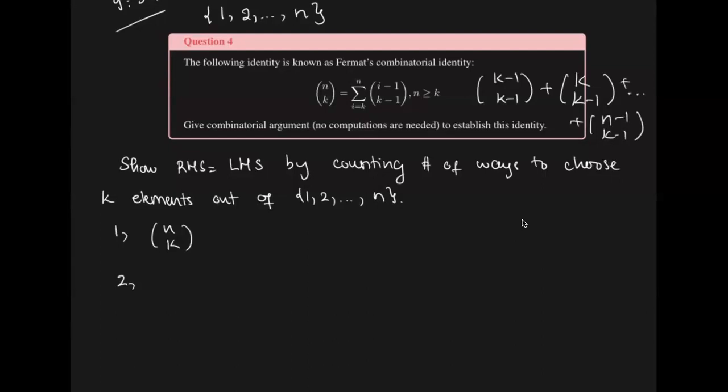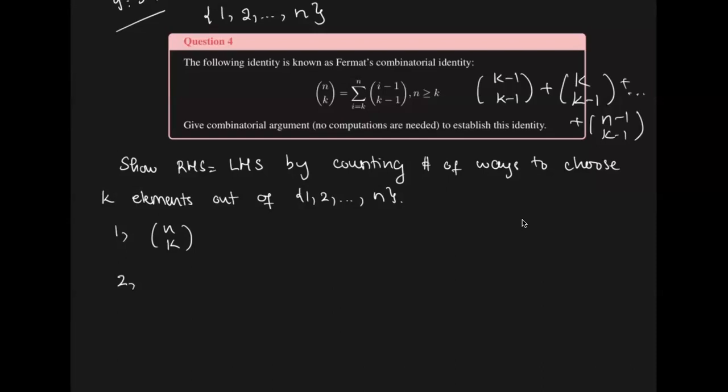When I see this, I ask myself, okay, the problem I'm dealing with is choosing k elements out of this set. Why in here do I only choose k minus 1? Where is the other item? Where did it go? The answer can only be the k-th item. It is fixed and we partition based on that element.